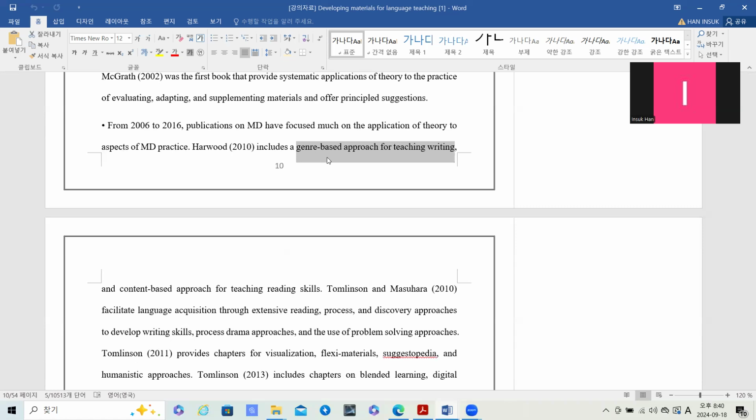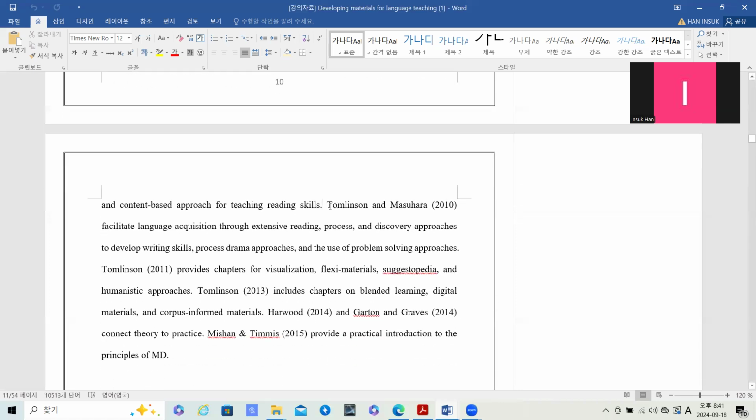And then the teacher and the students together analyze the structures or some expressions or words of the email, and then they try to create their own email based on their analysis of the example. So the genre-based approach can be effectively used for teaching writing and teaching courses in ESP, English for Specific Purposes language courses.